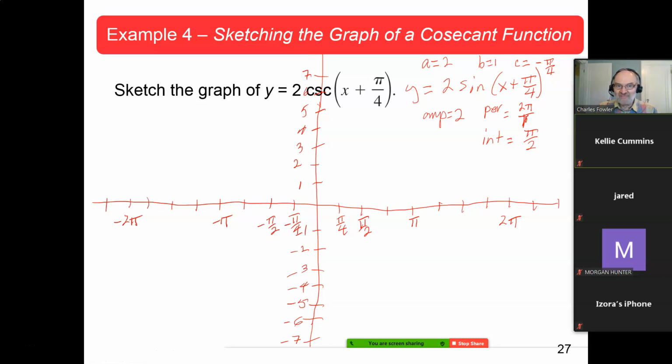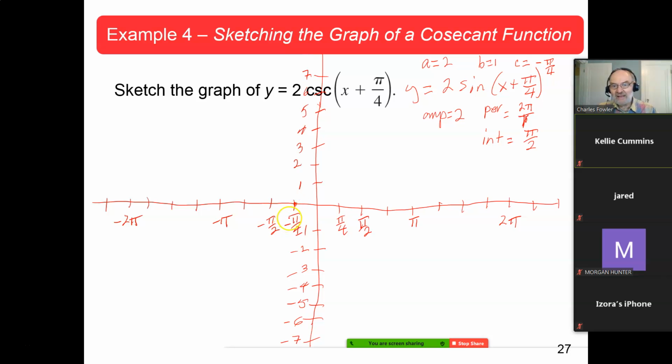Okay, now we're doing the sine function. So we start the sine at the phase shift, minus pi fourths right here. And sine usually starts at 0, so that's where we'll be starting this one right there. There's your 0 for sine.